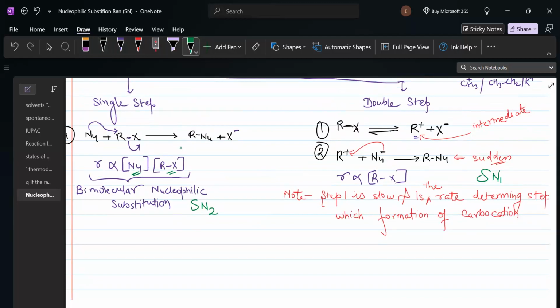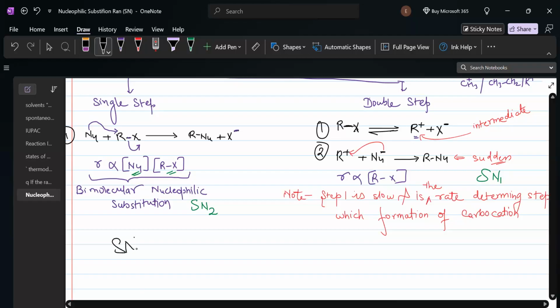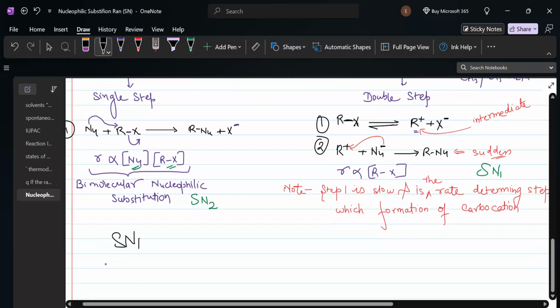SN2 reaction is single step, SN1 reaction is a double step, and we will go into detail. Don't worry, we will write about each one of them. First we will discuss SN1 reaction.